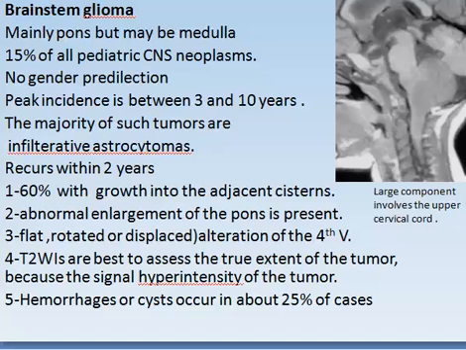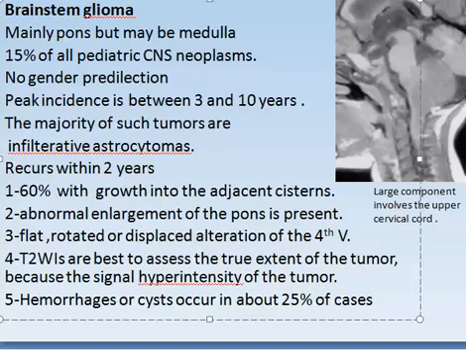60% grow into adjacent cisterns. The pons is abnormally enlarged. There is flattening, rotation or displacement of the fourth ventricle. And T2-weighted images are best to assess the true extent of the tumor, because the signal hyperintensity of the tumor in T2 may occur inside some hemorrhagic and cystic changes.